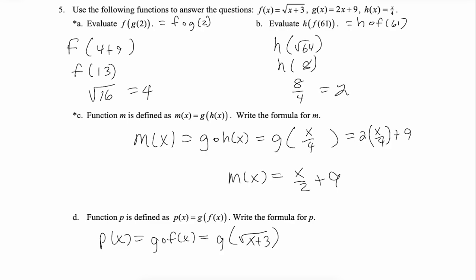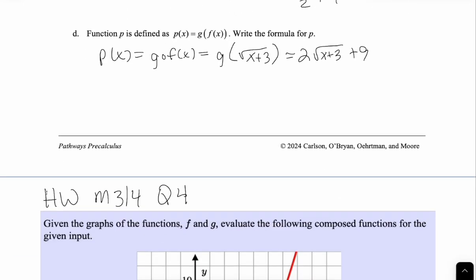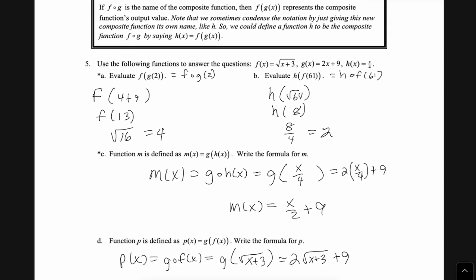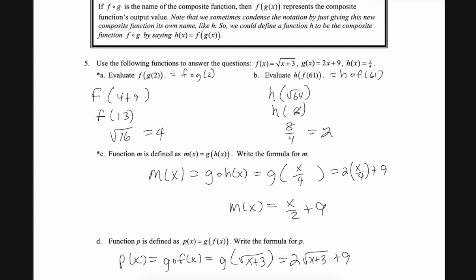If I input that into the g function, that's going to be 2 times our input, square root of x plus 3, plus 9. That's your formula. I don't know what that's going to tell me, but it allows me to rewrite the composition as its own brand new formula. So g of f is equal to the formula 2 square root of x plus 3 plus 9. Okay? So that's all we're doing for this investigation.